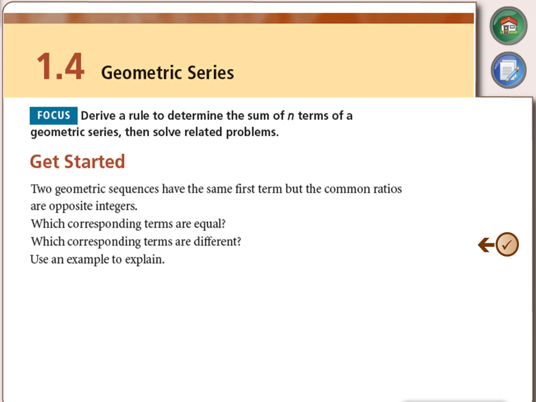All right, getting started. 2 geometric sequences have the same first term, but the common ratios are opposite integers. Again, when does that happen? It happens when we're looking for the r value, and we had something with an even exponent, such as r squared equals some number. And then we take the square root, and we get plus or minus.